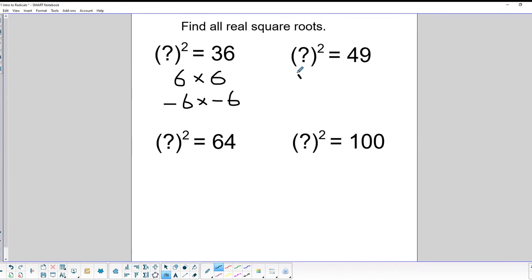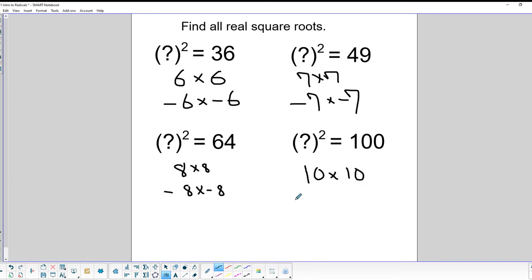This next one would be 7 times 7, or -7 times -7. This next one would be 8 times 8, or -8 times -8. And then our last one, most of you know this one. This is just 10 times 10, and -10 times -10.